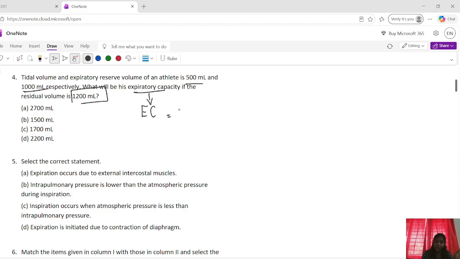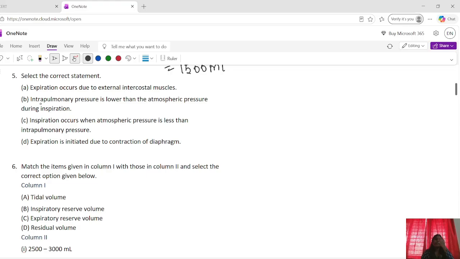What is the formula to find the expiratory capacity? Tidal volume along with the expiratory reserve volume. The expiratory reserve volume here is 1000, and the tidal volume here is 500. If you add both of these, we'll get 1500 ml. So which option is correct? Option B.